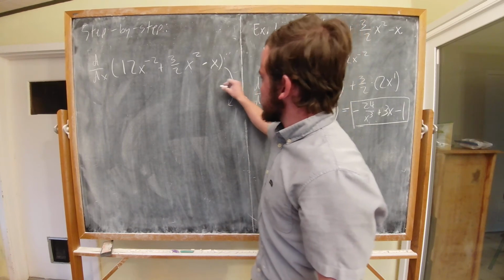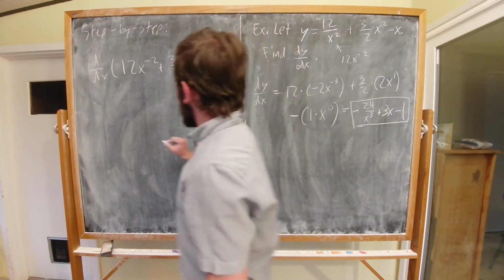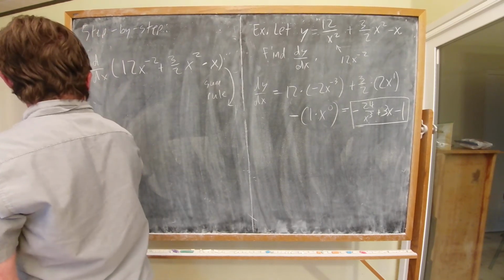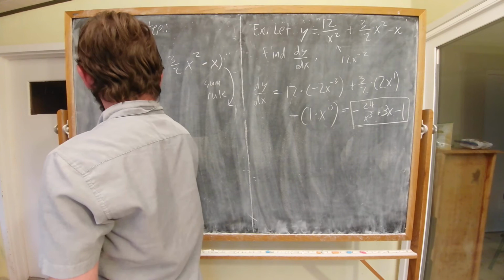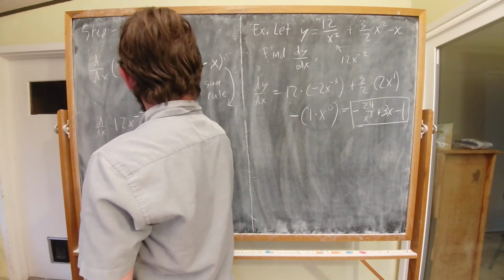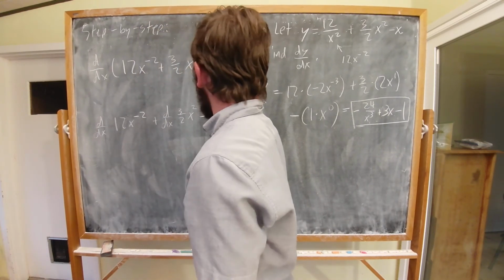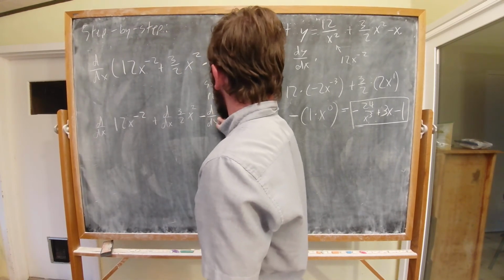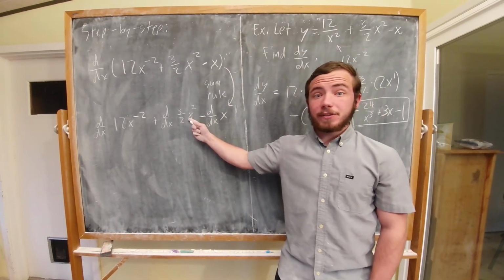Well, according to the sum rule, we can split this up as the derivative with respect to x of 12x to the negative second plus the derivative with respect to x of 3 halves x squared minus the derivative with respect to x of x. Now let's pull the scalar multiples out.